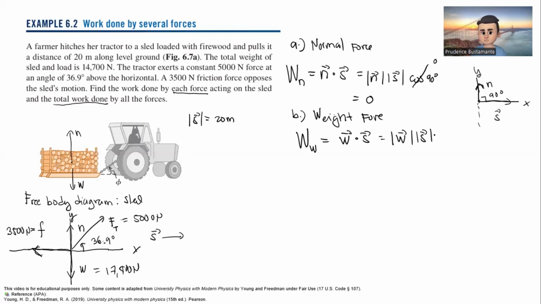If you look at the angle between them, this is the displacement along X, and this is the weight force, and the angle between them is also 90 degrees. This is also 0. Like I said before, if it's perpendicular to the motion, then the work done by that force is 0.